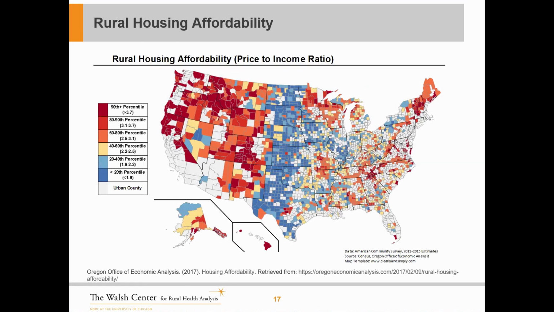There's also some challenges with housing affordability. And again, these are represented by the different colors, and the darker the red, the more expensive it is to be able to afford housing versus income.